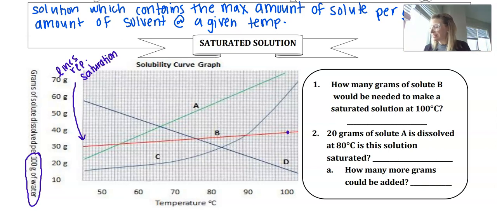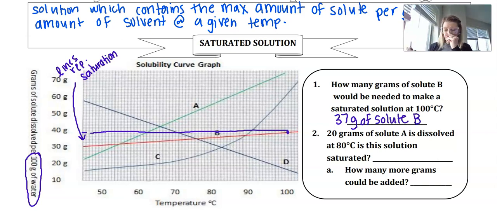Obviously, this is tricky, so we're going to make our best estimates based on this graph. I would say it doesn't quite hit 40, maybe 38 grams or so. Again, there's usually a range that's accepted for these. So let's say 37 grams of solute B would create a saturated solution at 100 degrees.